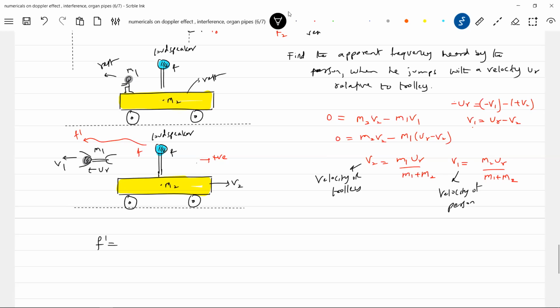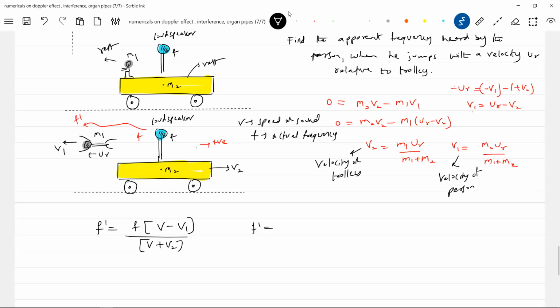F dash is equal to F into V minus V1, person moving away from the source, over V plus V2, source moving away from the observer. What is V? Speed of sound. What is F? Actual frequency. So I'll substitute V1 and V2 and solve it, and I'll get the apparent frequency.